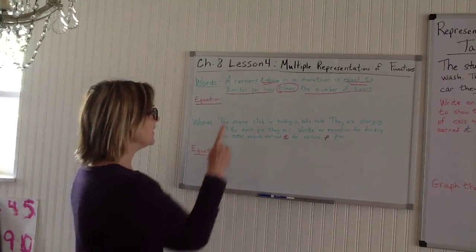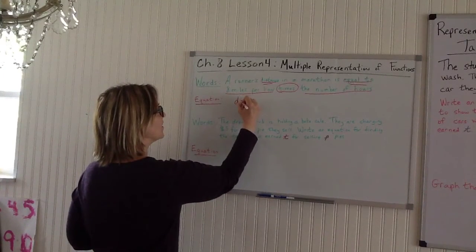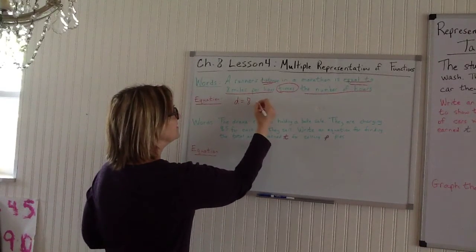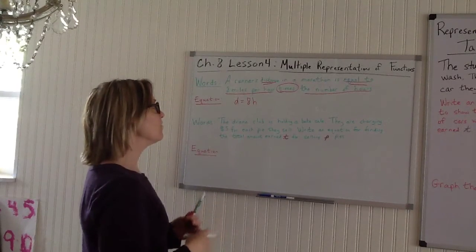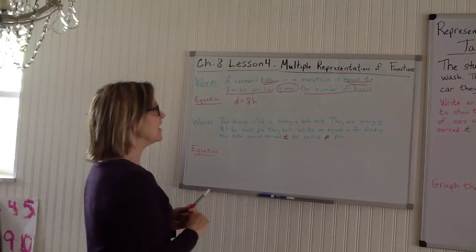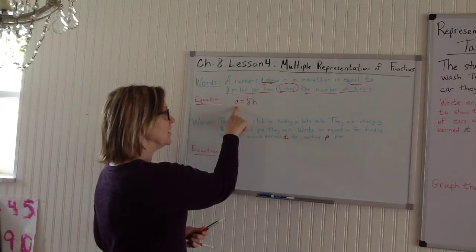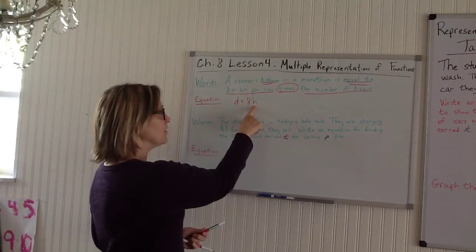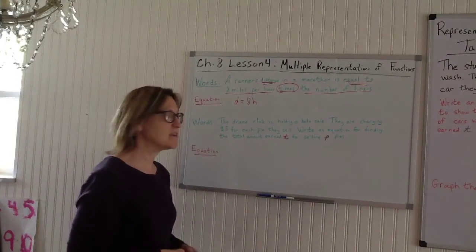So the distance is going to be equal to 8 times the hours the person runs. For example, if a person runs for 1 hour, the distance would be 8 miles. If a runner runs for 2 hours, the distance is 16 miles, and so forth.